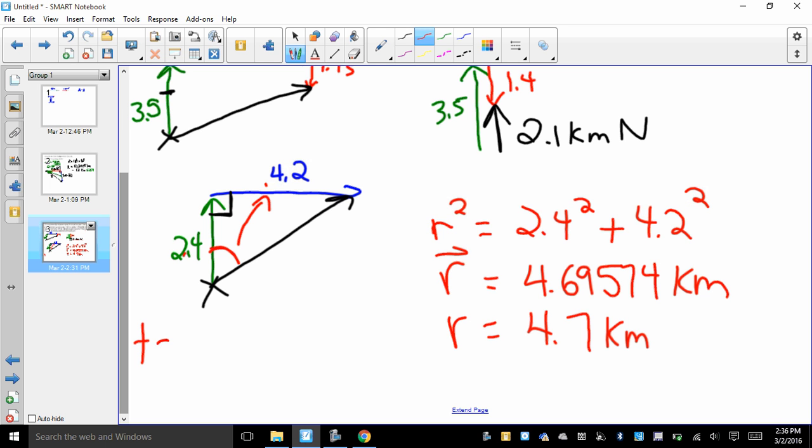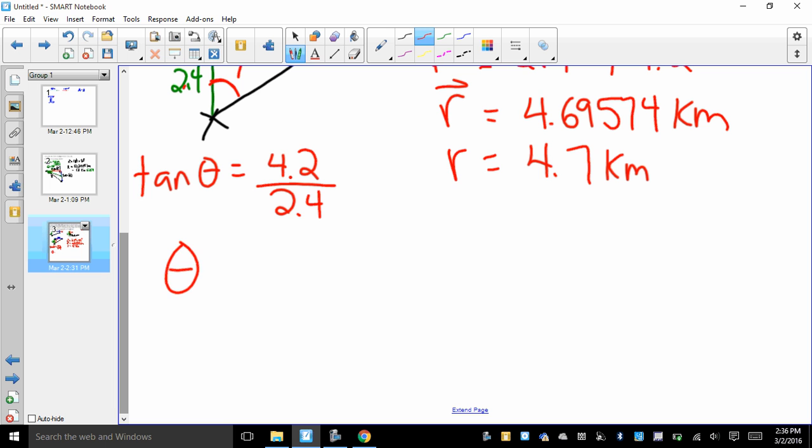So the tangent of the angle is opposite over the adjacent of 2.4. Solving, I would get this angle to be the inverse tan of the ratio of the opposite to the adjacent. I got that from SOHCAHTOA, opposite over adjacent.